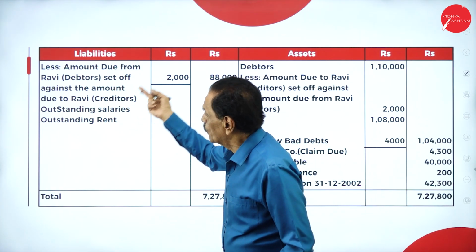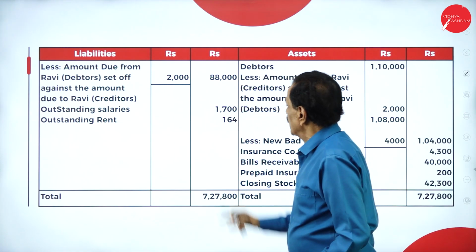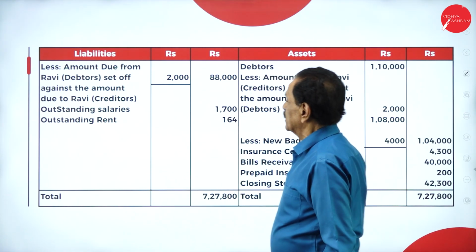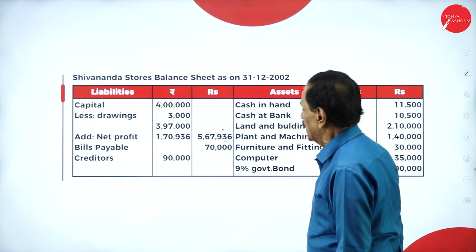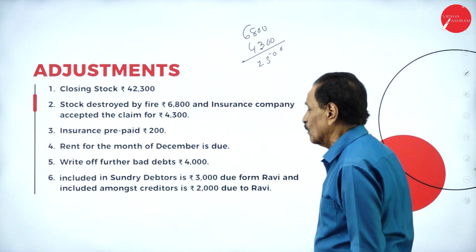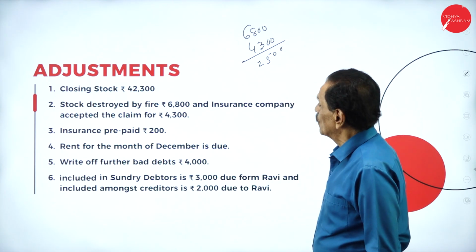Less amount due from Ravi, debtor, set up against the amount, 2,000. That is 88,000. Outstanding salary 1,700. Then outstanding rent 164. This 2,000 here is adjusted. This 3,000 is adjusted. 4,000 is bad debt. Then the creditor 2,000 is adjusted.